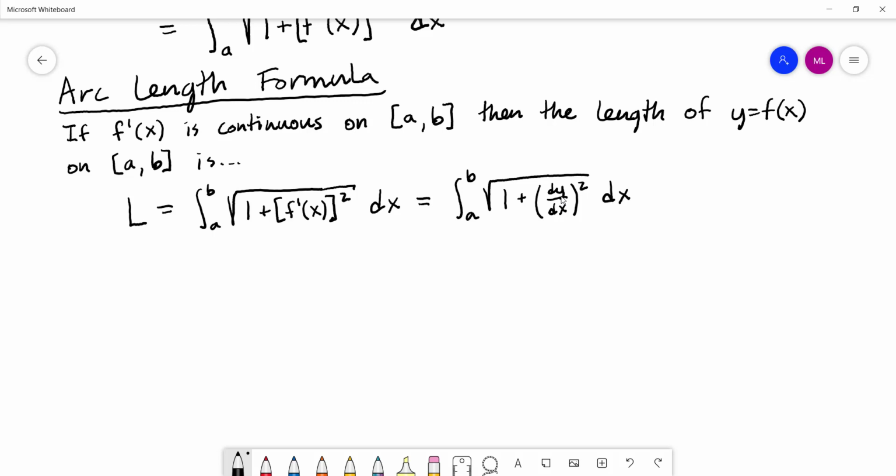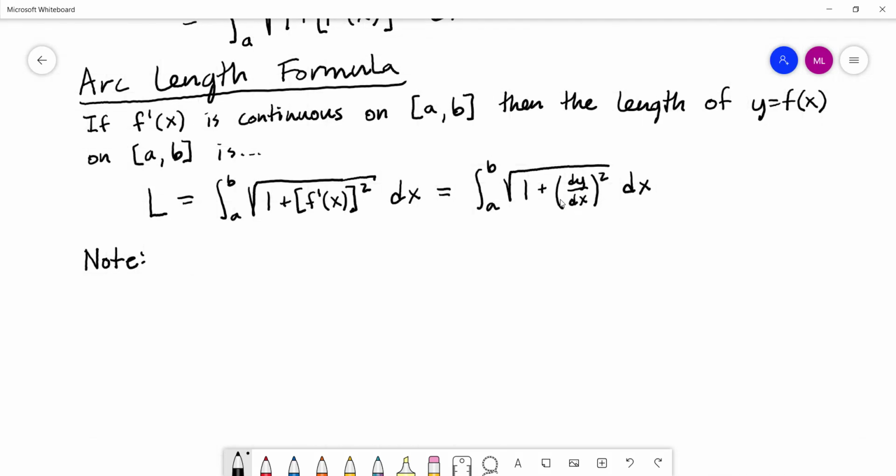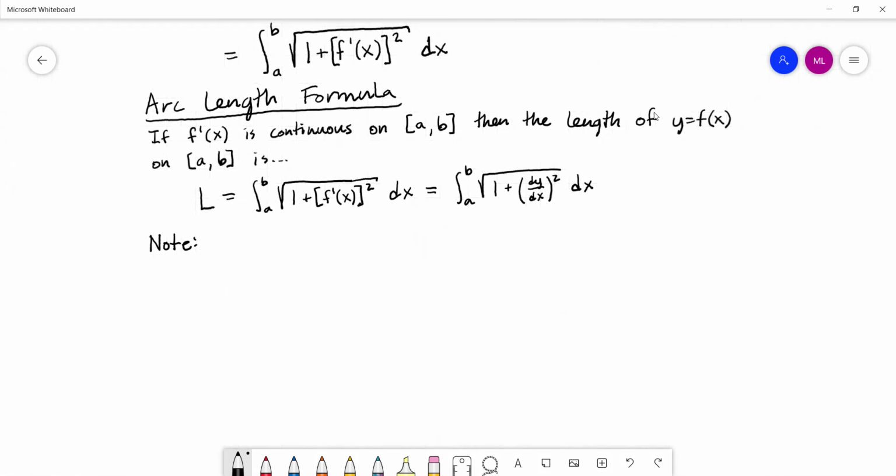One other thing I should mention is it's also possible, so this is just a quick side note, we have our function written as y equals f of x. What if we had a different setup where instead of y solved for as a function of x, what if we had x solved for as a function of y? So if we have x equals g of y instead, and occasionally this is more convenient.